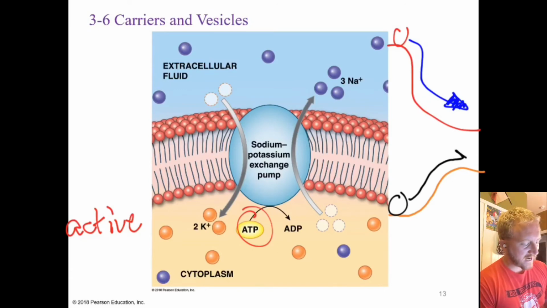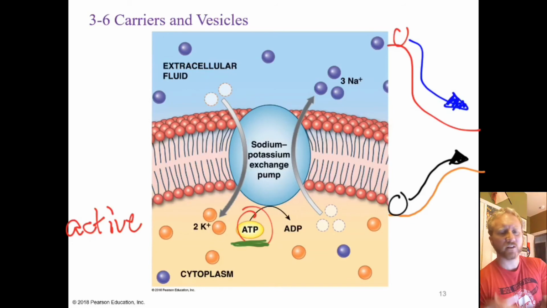So that's active transport. It requires energy, and that energy is ATP, adenosine triphosphate. It's derived from adenine, modified a little bit, with other phosphates put on there. Typically these are going to be our pumps.